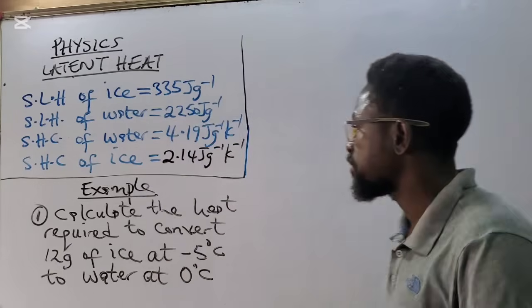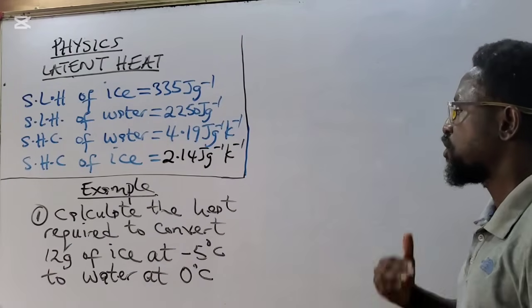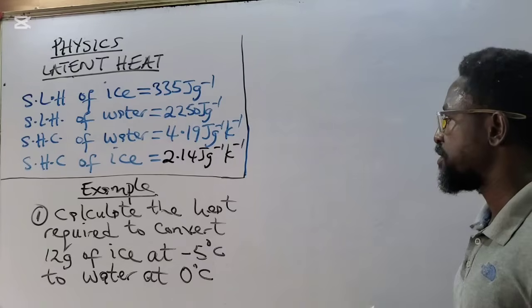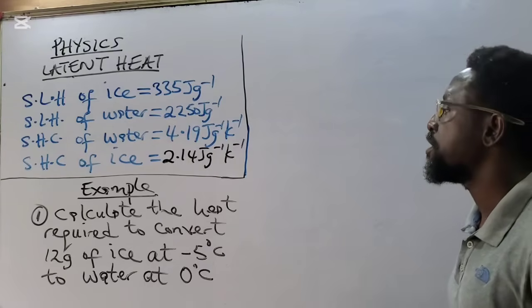Calculate the heat required to convert 12 grams of ice at minus 5 degrees C to water at 0 degrees C.